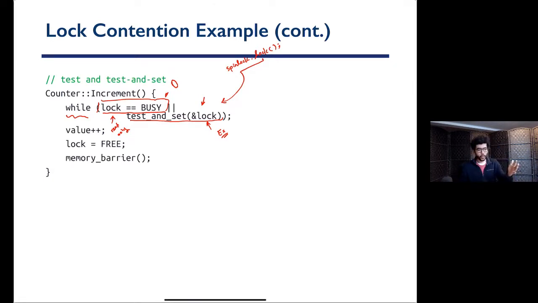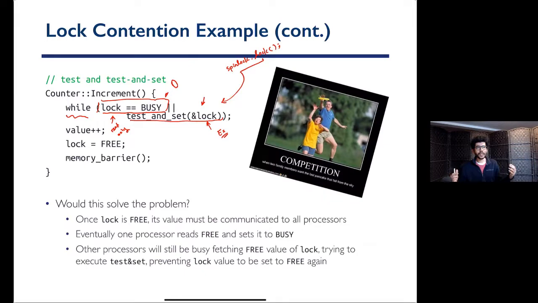This works when the lock is busy, but the moment the lock becomes free, so the moment one thread gets out of the critical section and makes the lock free, again, the competition is on. Now the lock has become 0 for everyone, and everybody wants to acquire the lock in an exclusive state.